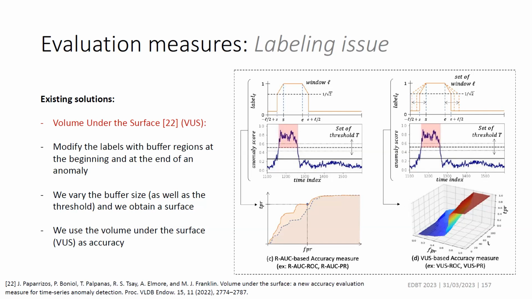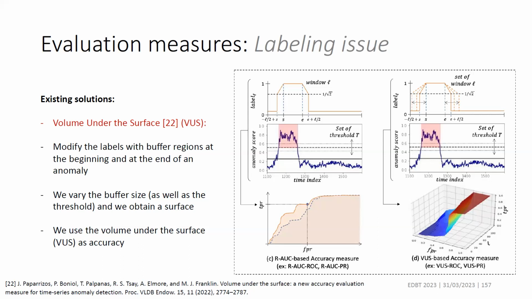So one solution is to include a small buffer region before and after the anomaly. Instead of having 0, 1, we have 0, and then it rises a little bit. So it limits the fact that you would completely discard one method because it was just a little bit before.